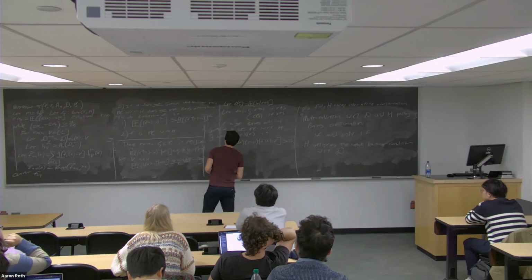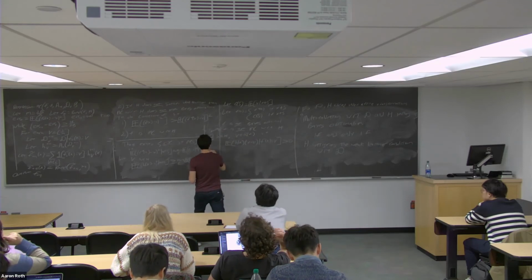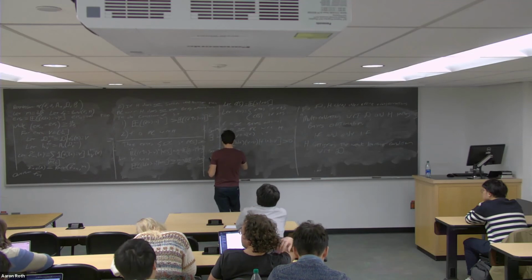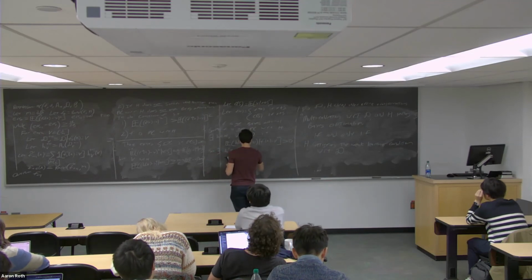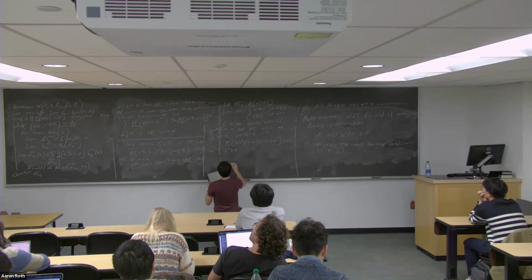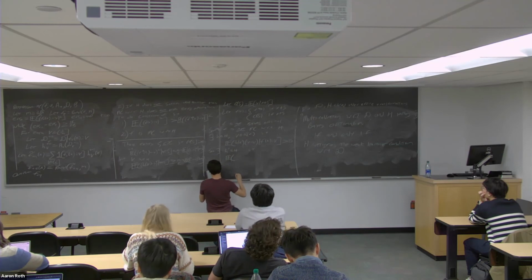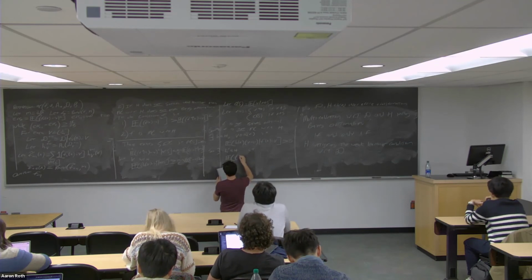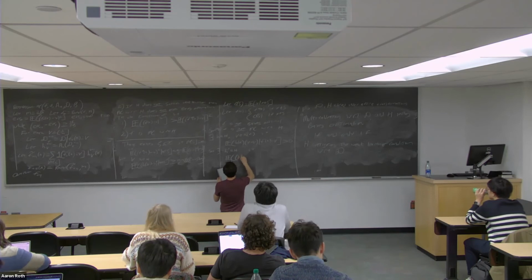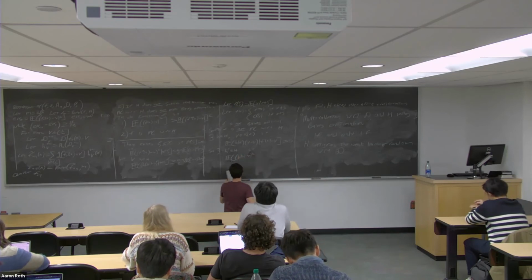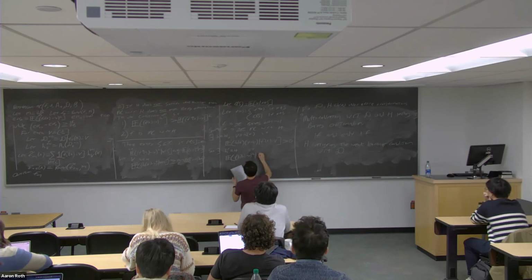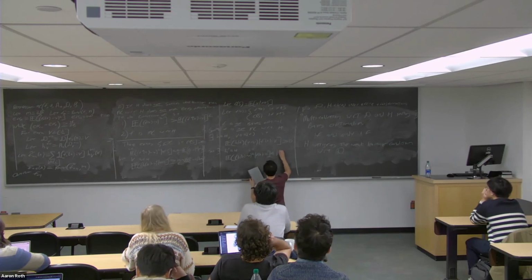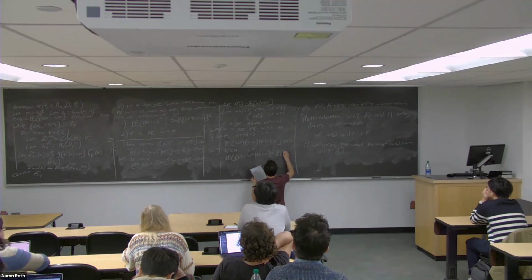Okay, so we know from the lemma we proved at the beginning of class, there exists some function h prime, also in H, such that the expectation of the squared error of h prime on this level set is smaller than the error of f on this level set.